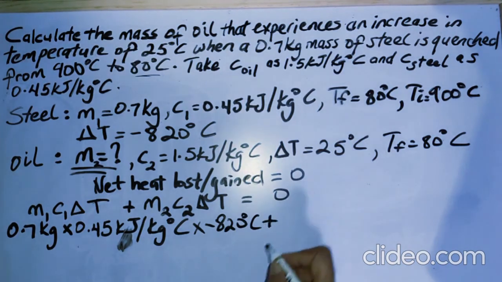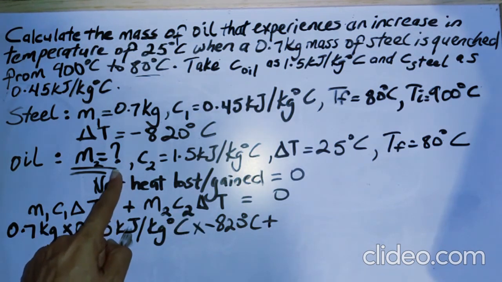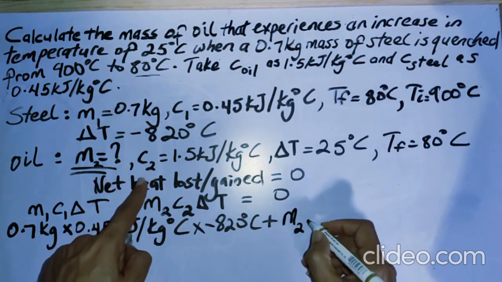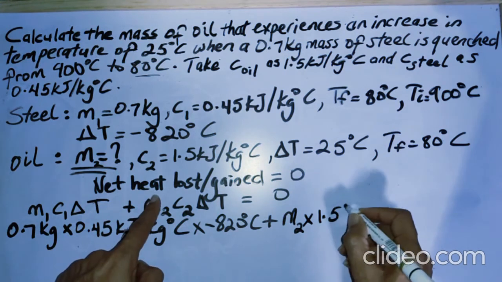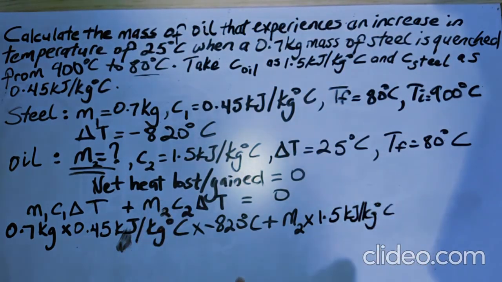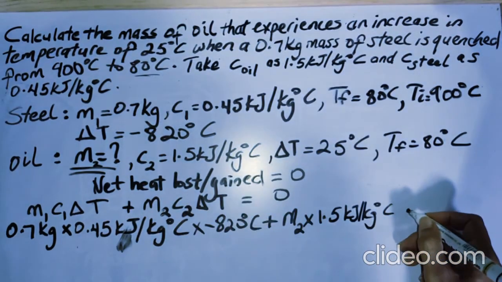And we are going to add that to M2 C2 delta T. M2 is an unknown, C2, so we'll multiply that by 1.5 kilojoules per kilogram degree Celsius, and finally by delta T, the 25 degrees Celsius.